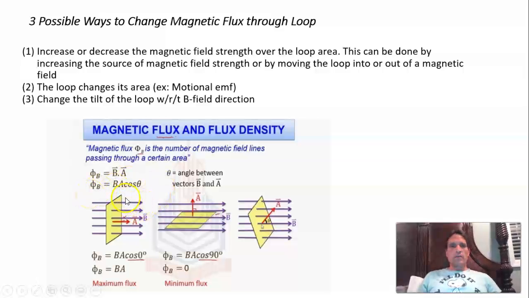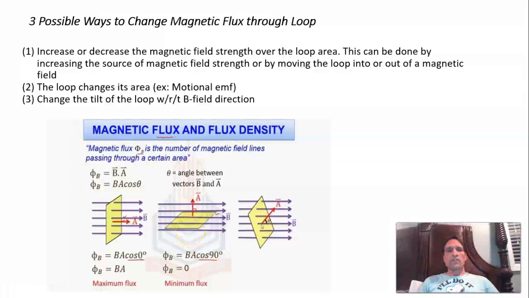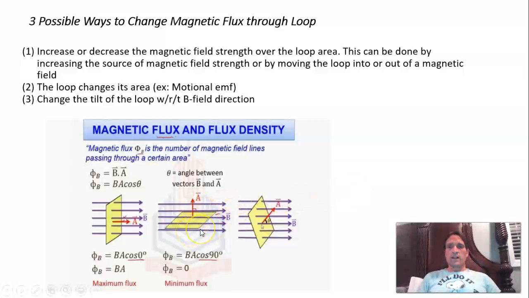You get maximum flux when the magnetic field is hitting the coil straight on, where the angle between the area vector and B is 0, so the cosine is 1, and you get minimum flux when you tilt the coil 90 degrees with respect to the magnetic field.